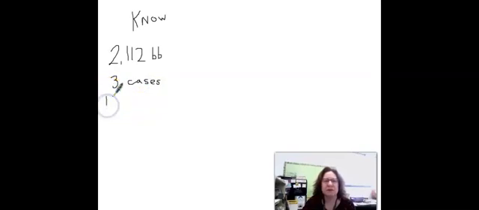So how many building blocks? I'm going to put BB again for short. How many building blocks will go in each case?